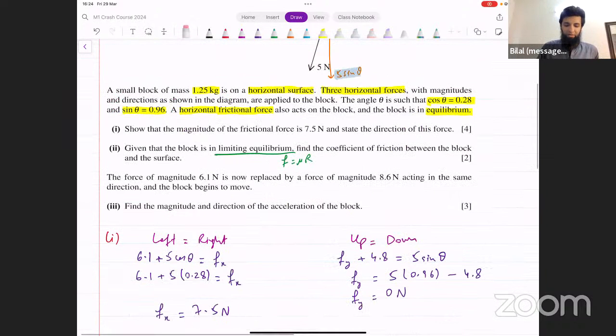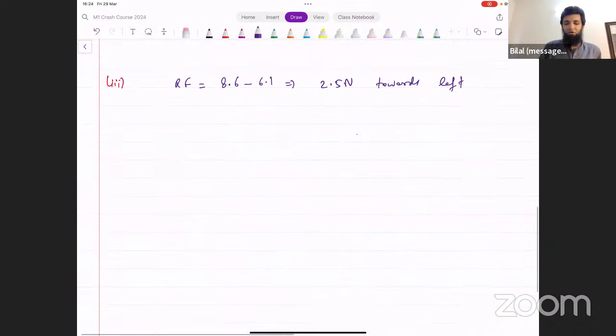What we need to find is the magnitude and direction of the acceleration of the block. Now, if we know this is the resultant force, resultant force equals mass into acceleration. Resultant force is 2.5 Newton, considering the left side positive. Why?